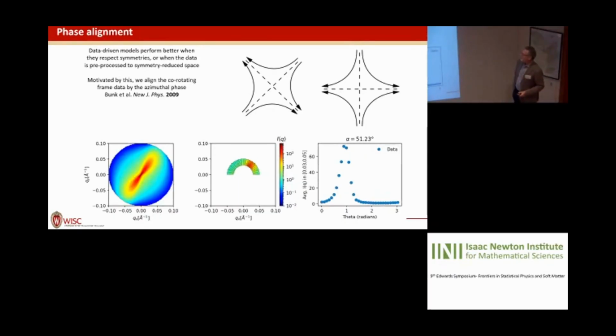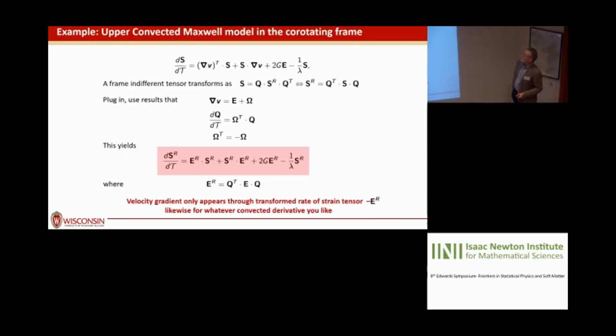And then a reviewer asked us about this. So we just did an example of working in the co-rotating frame. So this is just the upper convected Maxwell model where S would be some kind of second moment tensor, stress tensor. So a frame indifferent tensor transforms this way.